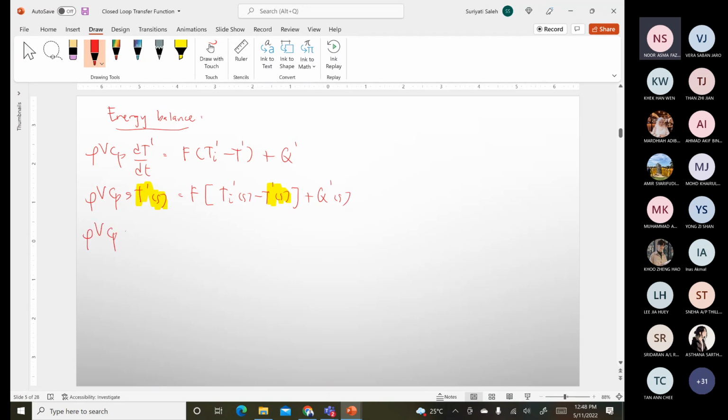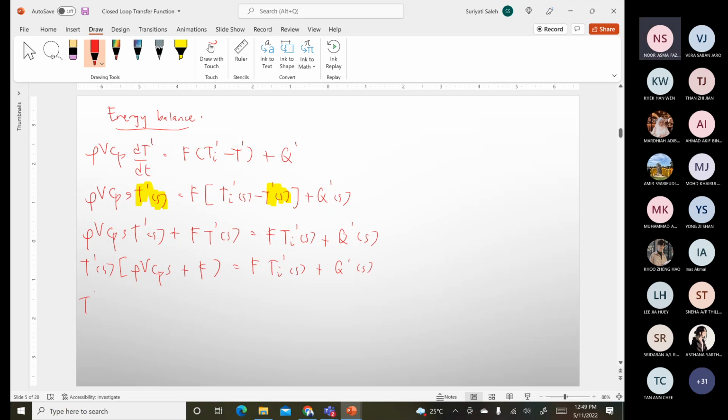You get rho V Cp s T prime(s) plus F T prime(s) equal to F Ti prime(s) plus Q prime(s). So based on the factorization, (rho V Cp s plus F) T prime(s) equal to F Ti prime(s) plus Q prime(s).